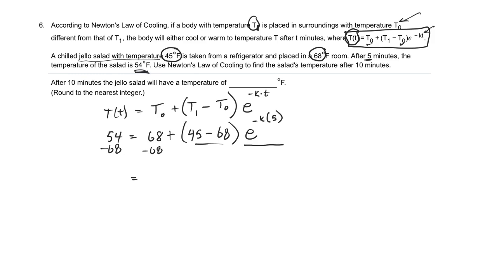Then divide both sides by negative 23. So I get e to the negative k times 5 is equal to 14 divided by 23.